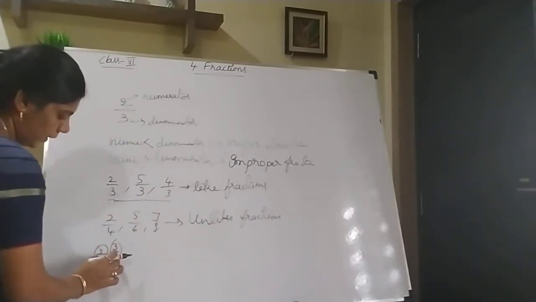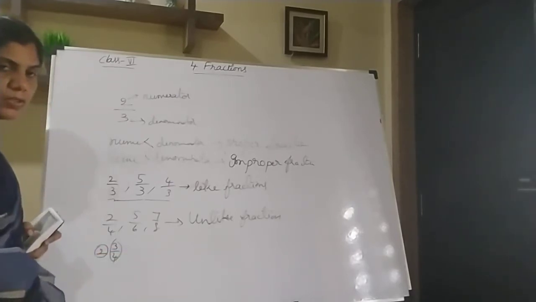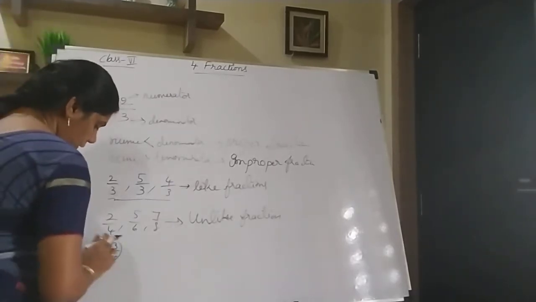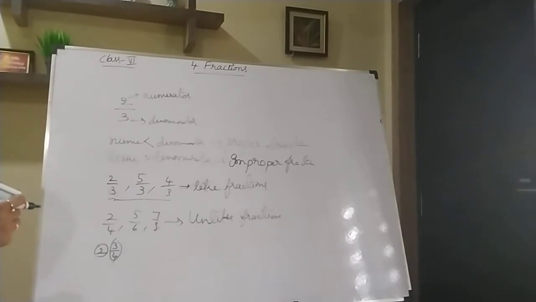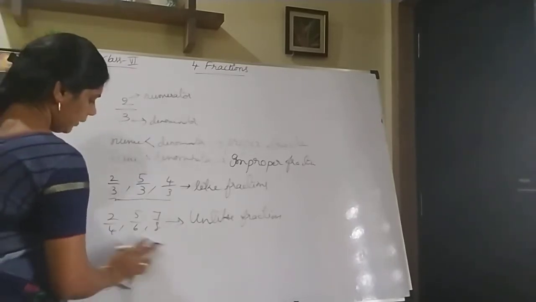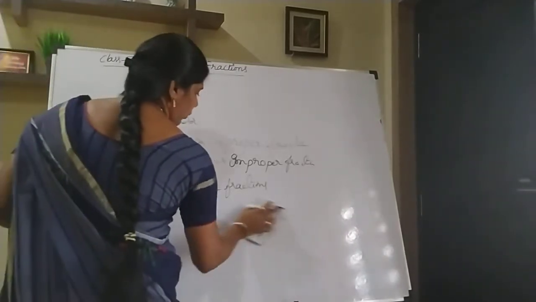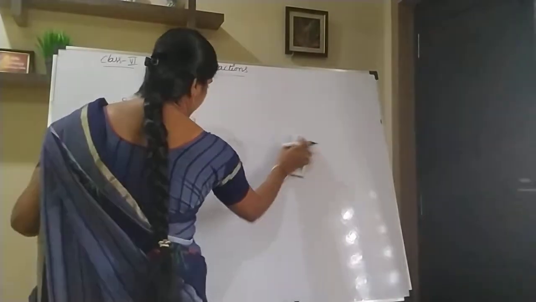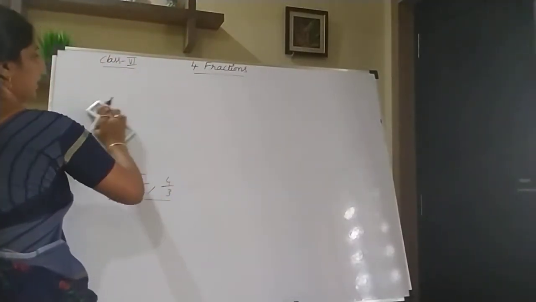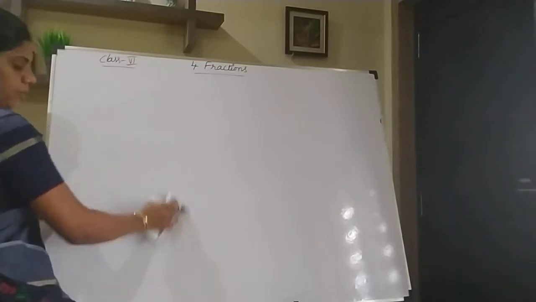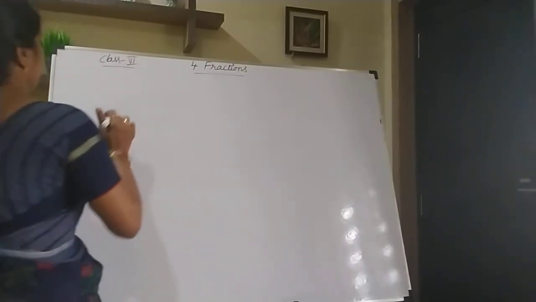If you find these type of fractions, then we call these fractions mixed fractions. Okay. Now today we will learn how to find equivalent fractions. Okay, just I explained to you about equivalent fractions, right? Now we will see how to find.